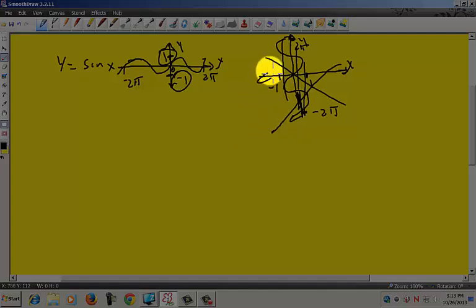So we're stuck. How do we come up with an inverse function? If you notice real close, from here, where I have negative pi over 2, to here, where that value is positive pi over 2, if I just look at this curve, that's a positive value, and this is a negative value. All of this just repeats all over again.